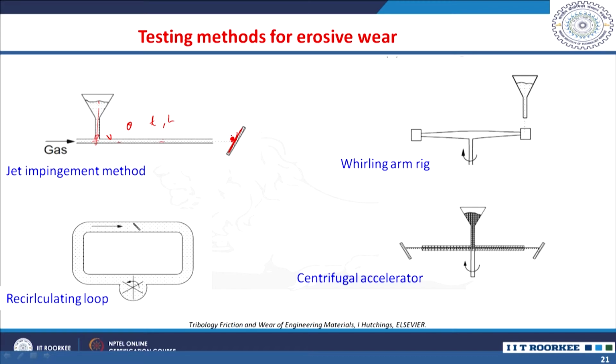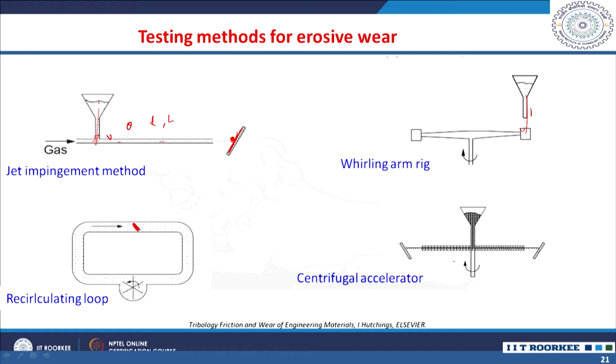Similarly, there is the whirling arm rig, where the material is rotated and particles impinge on the component. Or the reciprocating loop, where the material is placed and the particles are rotated in a fluid.